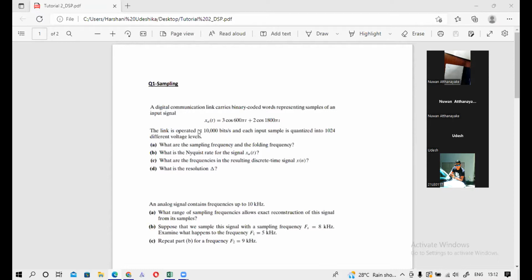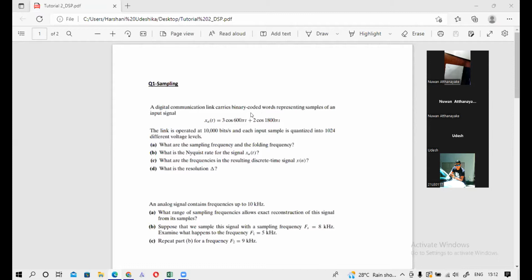So you know that several transmission lines have several capacity data rates. For example, if you get the coaxial cable, you will have around 100 Mbps data rate. But if you have an optical cable, you will have around 1 terabit per second data rate.